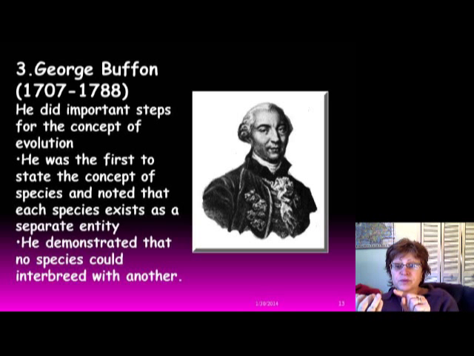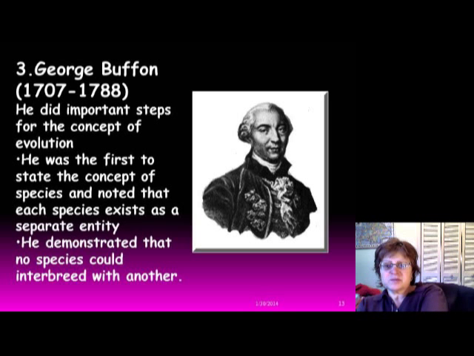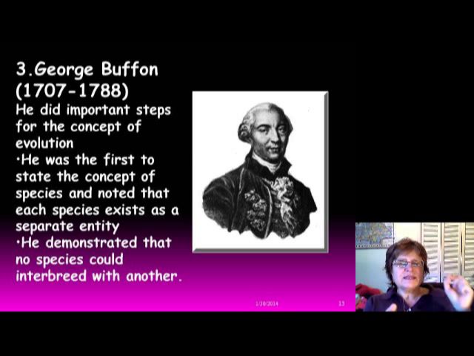Because, you know, when you put the donkey and the horse together, you get the mule, but then the mule cannot reproduce any living offspring. So it could happen that there is sex between different species, but they cannot make reproducing offspring. That's very important. So he demonstrated that no species could interbreed with another. So different species cannot interbreed.